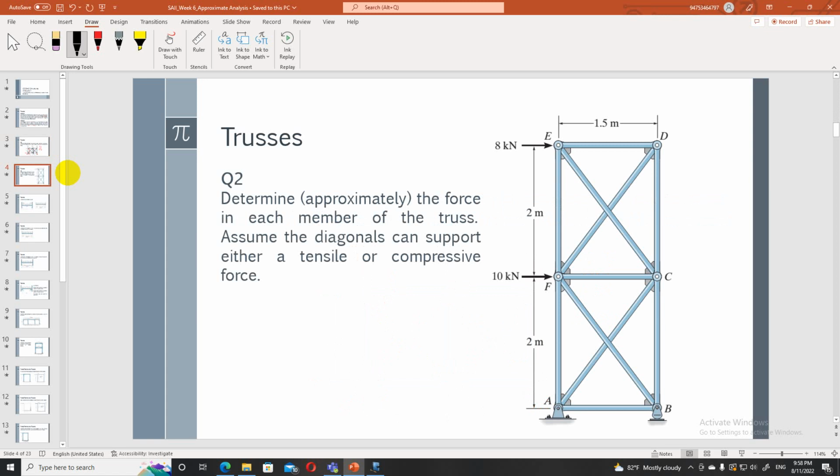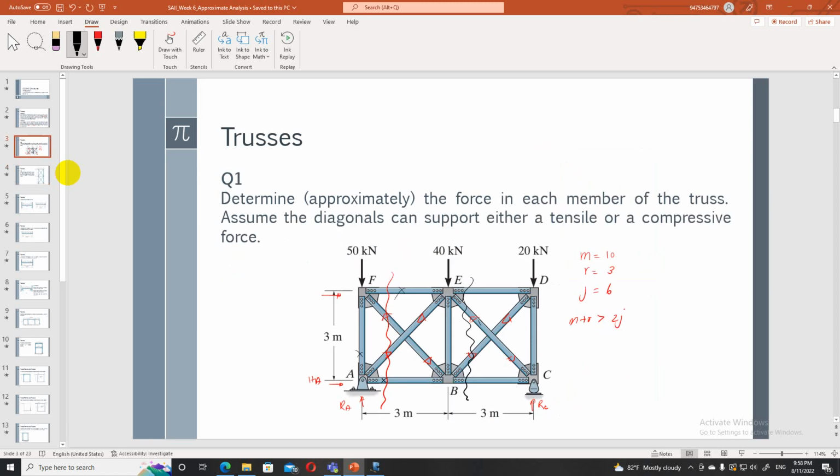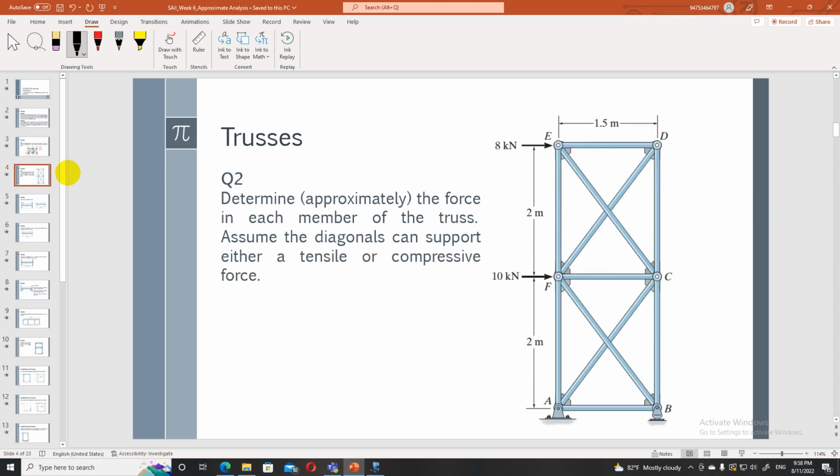Now here look at this example. So here the first method will come into play. Determine, and these forces are approximate, right? The one we find is approximate, not exact, but it's close enough. So here, determine approximately the force in each member of the truss. Assume the diagonals can support either a tensile or compressive force. Now if you look at the lateral force acting like this, this will be under compression.